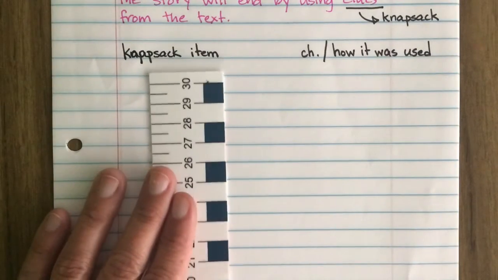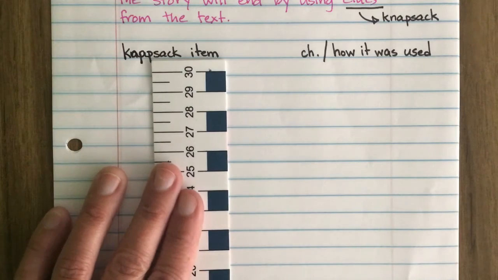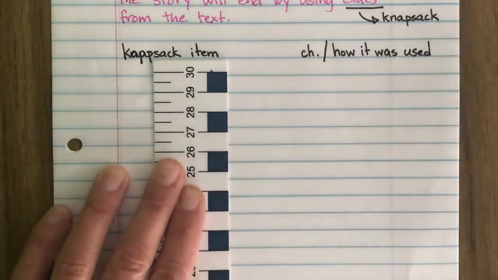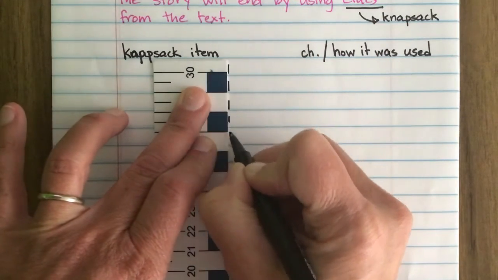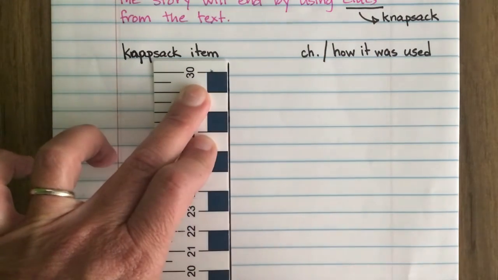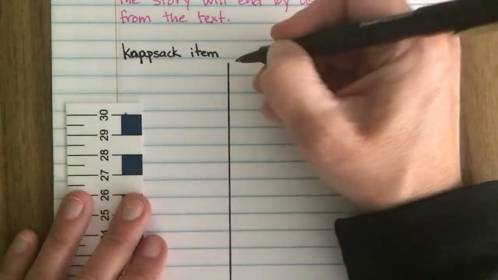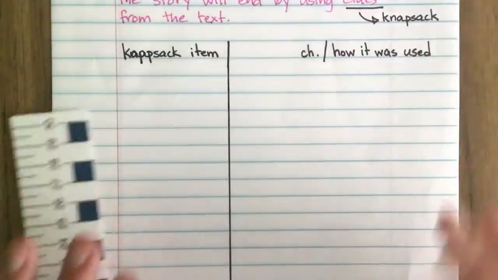And we're not going to need as much space over here on this side. So if you can see, I'm going to take my ruler here. You don't have to have a ruler, but I'm going to make my column a little smaller on this side. So let me show you.